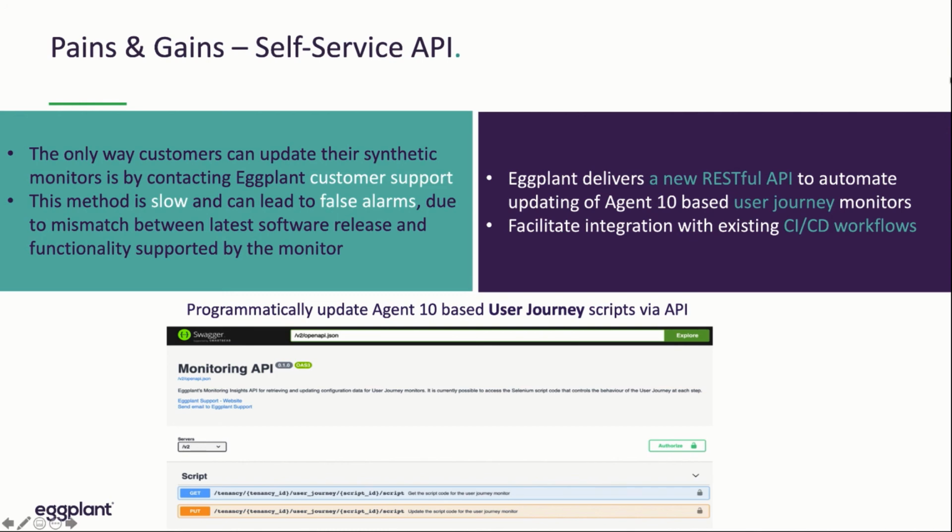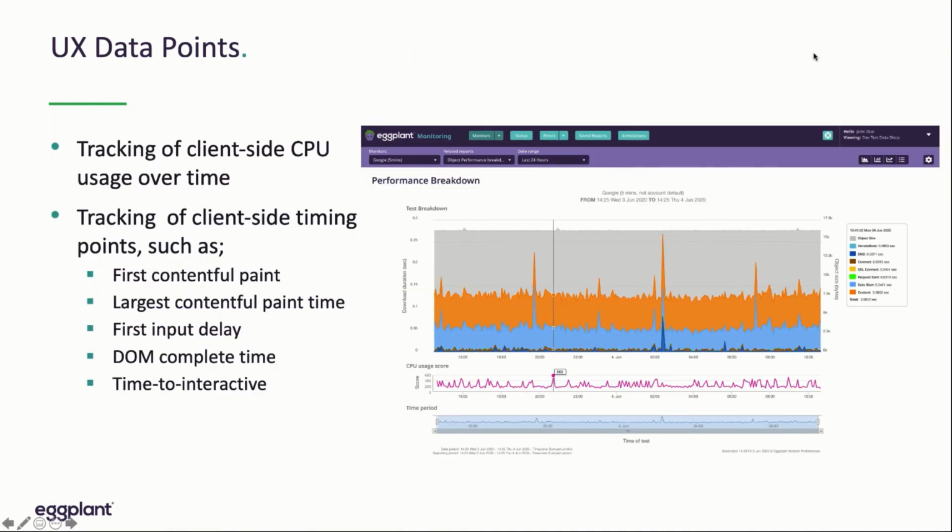Thanks for your questions. In Q3 2020, we are planning to introduce the feature UX data points. So this slide provides highlights for this feature. We would like to introduce some new metrics into the MI portal and existing reports.